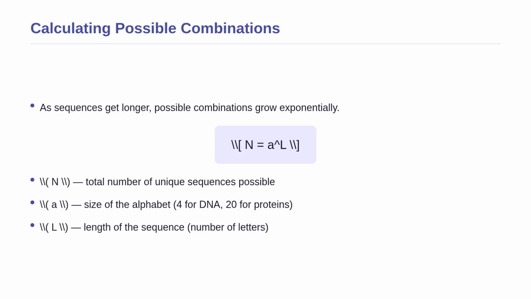The variable a represents the size of the alphabet, which is 4 for DNA and 20 for proteins. The variable L represents the length of the sequence. Physically, this means that if the sequence length L increases even slightly, the total number of possibilities, N, explodes exponentially, allowing for massive biological diversity from just a few basic building blocks.